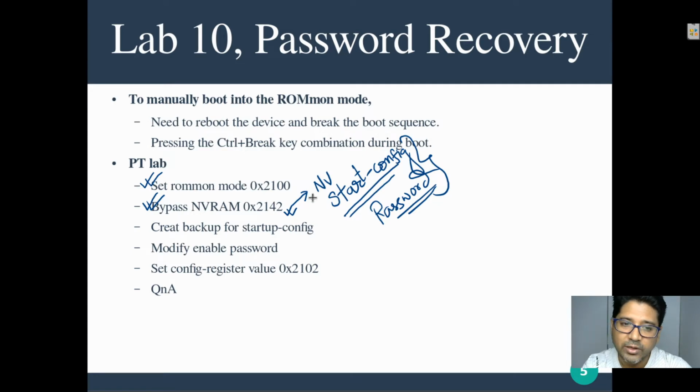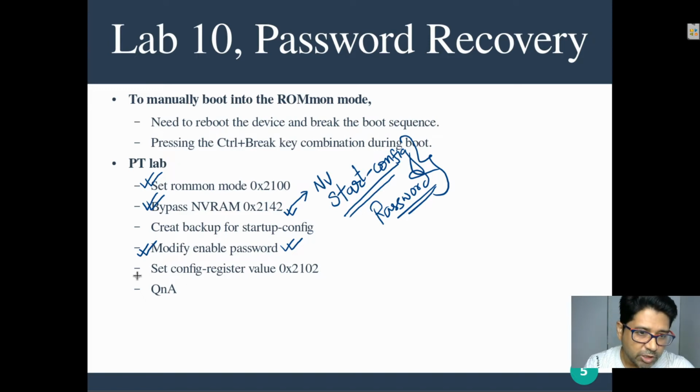We will see how to do this, and modify the enable password. Suppose I logged out with the enable password, how do I change it and bypass this password? You are not going to recover the old password; you will reset it with a new password. There is no way to recover the old MD5 password. It is an irreversible method.